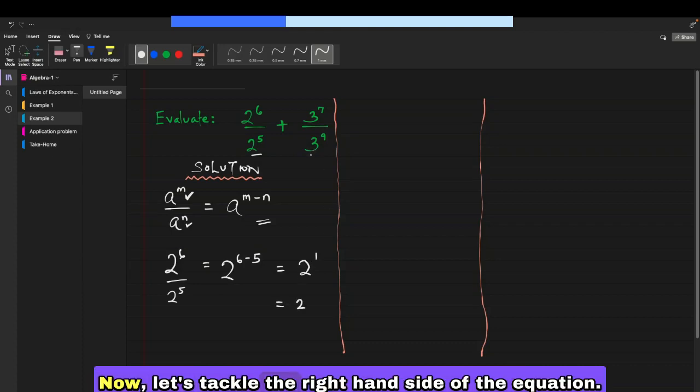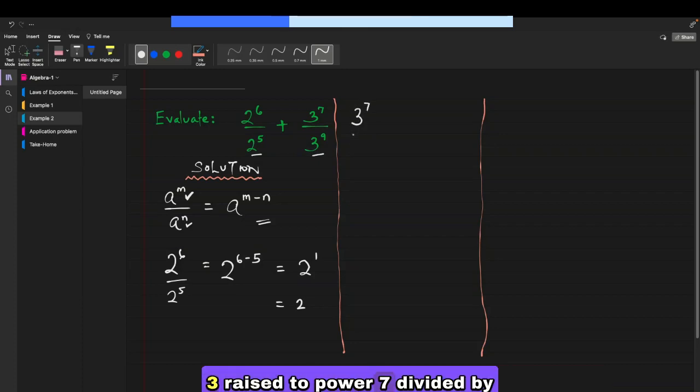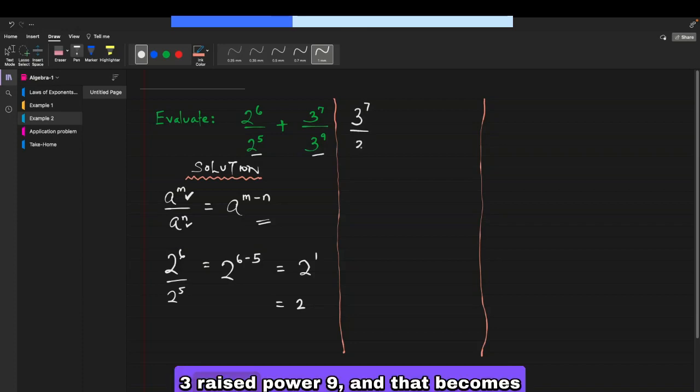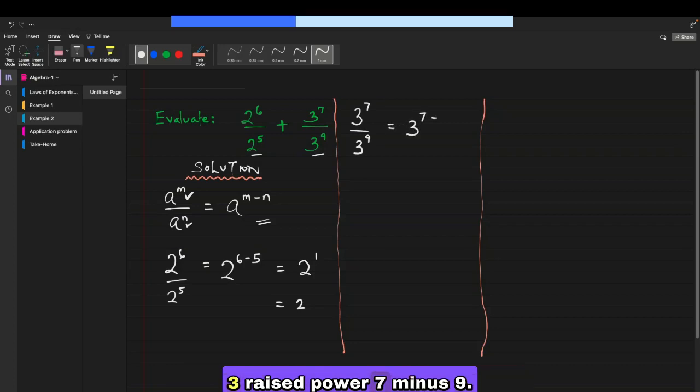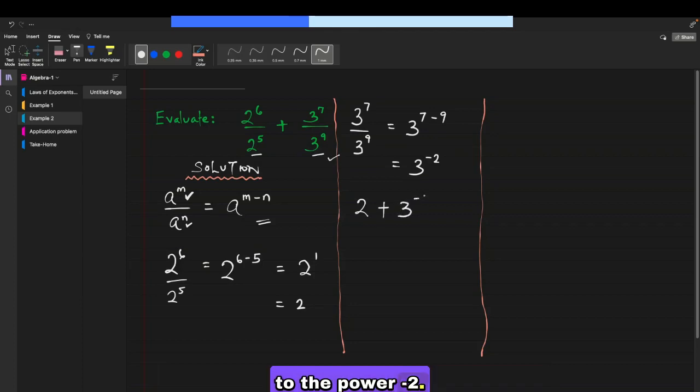Now, let's tackle the right-hand side of the equation. 3 raised to the power 7 divided by 3 raised to the power 9 becomes 3 raised to the power 7 minus 9. That becomes 3 raised to the power minus 2, because 7 minus 9 is equal to minus 2. So the original expression becomes 2 plus 3 raised to the power minus 2.